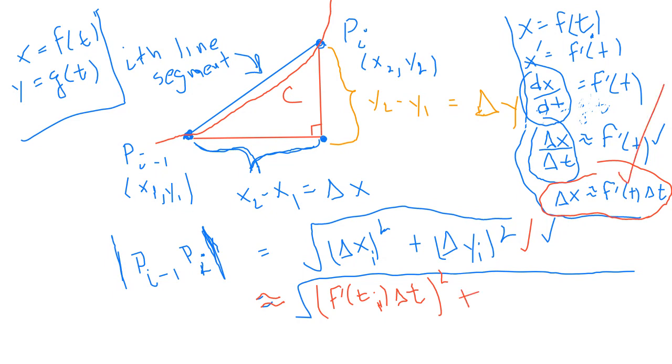And delta y_i can be replaced by what squared, do you think? Yeah, g prime of t_i times delta t.